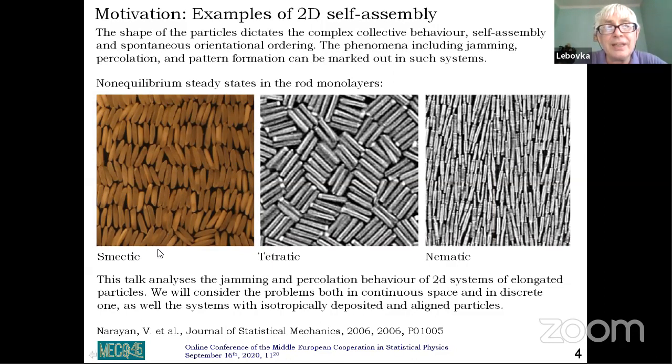I want to present a few examples of such self-assembly. For example, this is a symmetric self-assembly. This is a tetratic self-assembly. You see that here we have some stacks of the particles, and nematic self-assembly. In this talk we will analyze the jamming and percolation behavior in one and two-dimensional systems of elongated particles.